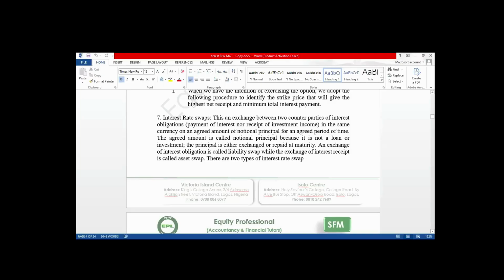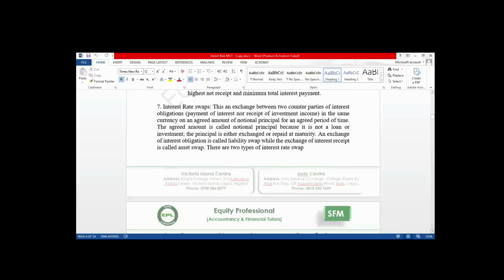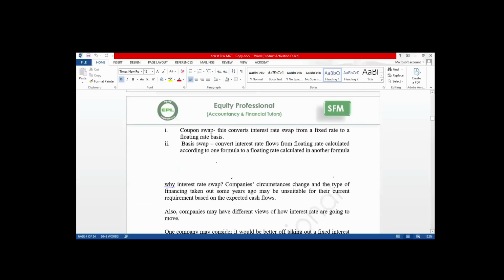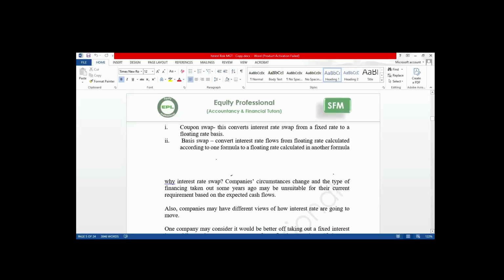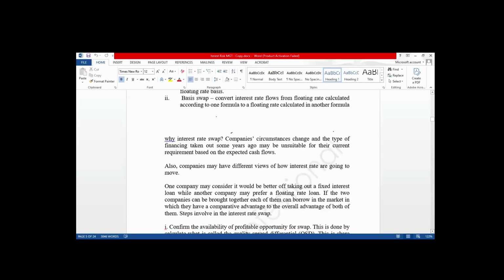Now the question is, why would companies be willing to swap interest rates? What are the benefits involved?